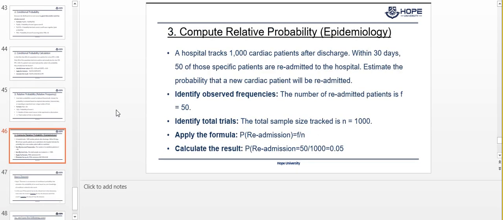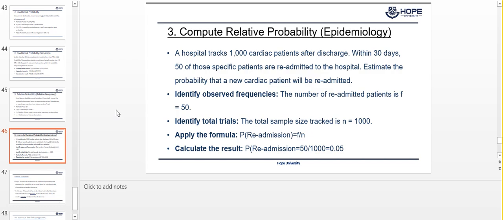Let us take an example, mostly based on epidemiology. A hospital tracks 1,000 cardiac patients. After treatment, they leave the hospital, and we must track which ones come back and are readmitted.